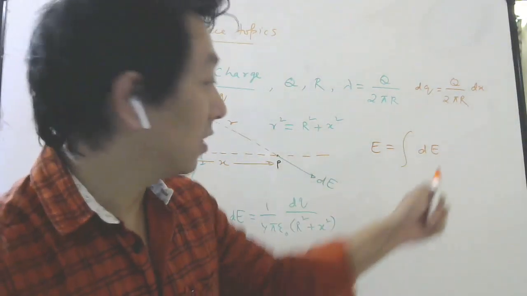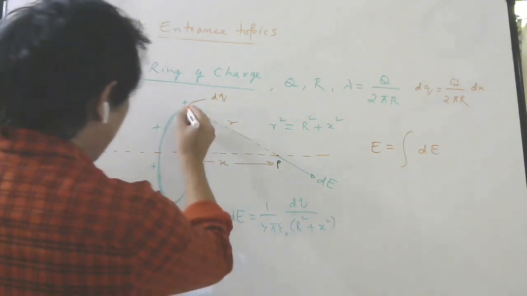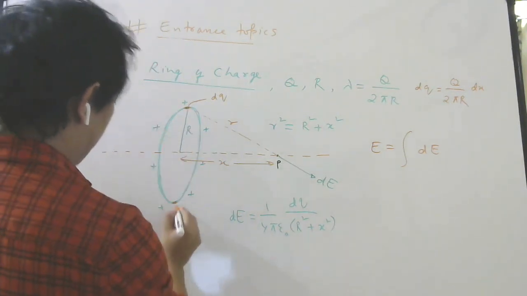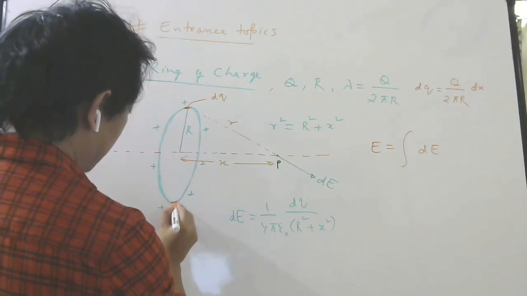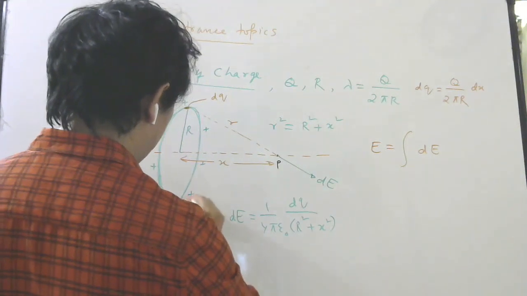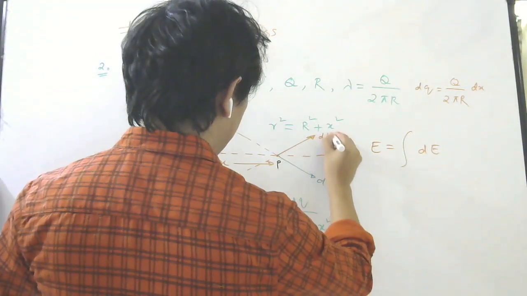So we added. But now can we do that? Let us check. If you take another charge here, you can take anywhere, but let us take here, then this will produce an electric field this way. Yes or no? Due to this part, the electric field will be away.